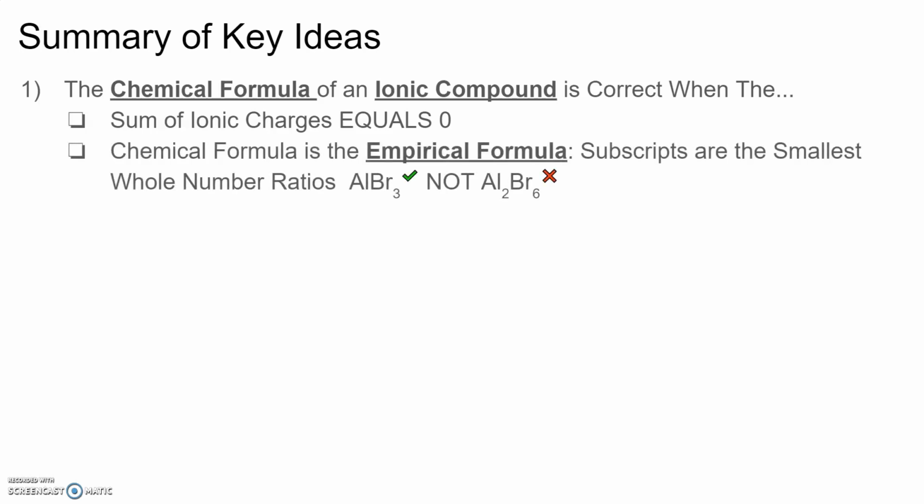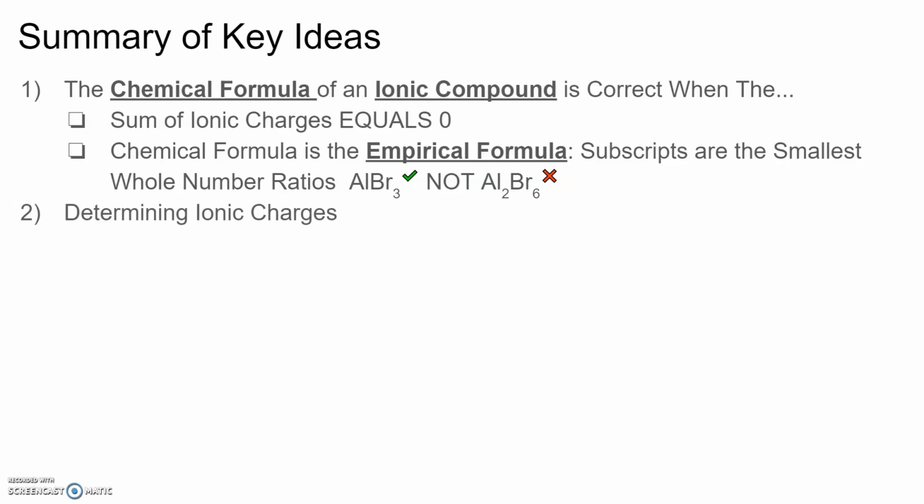Secondly, the chemical formula is what's called the empirical formula, meaning that the subscripts are the smallest whole number ratios possible. So in an example of aluminum bromide, it's AlBr3, not Al2Br6, because the subscripts 2 and 6 can be divided by 2, so those aren't the smallest numbers possible.